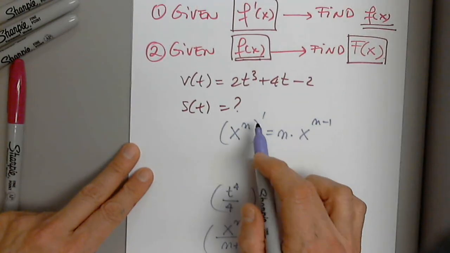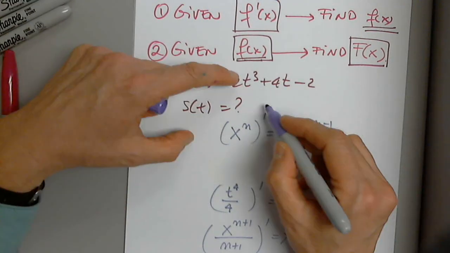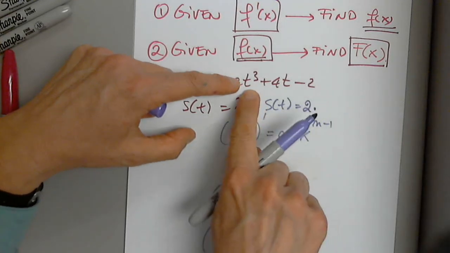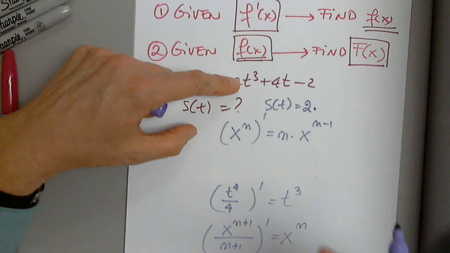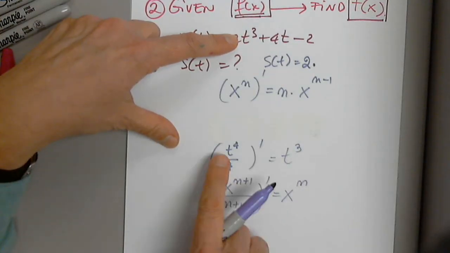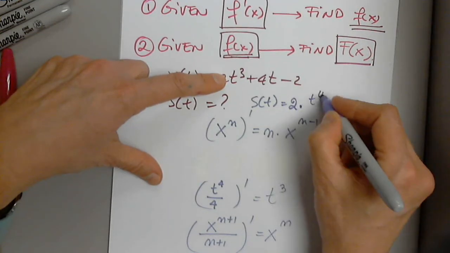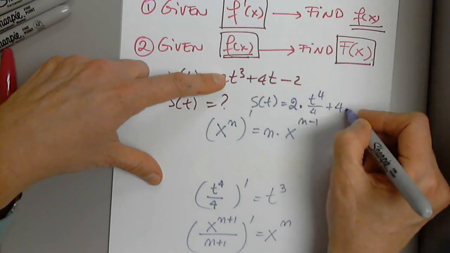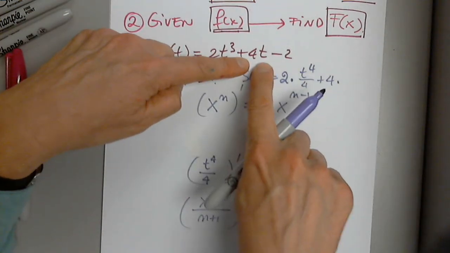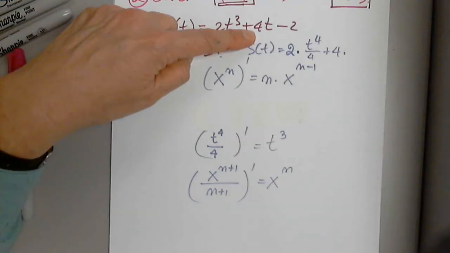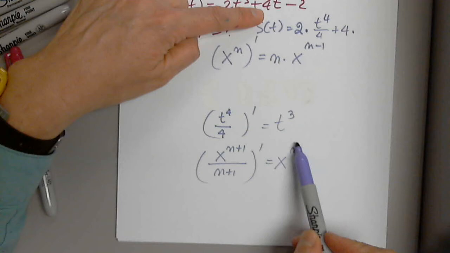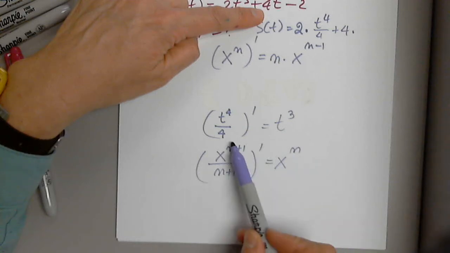So coming back to our example. So s of t, 2 stays outside, right? So what function differentiated will be t to the third? t to the fourth over 4. t to the fourth over 4 plus 4. Use the same property and tell me what to write for which function prime will be t. So if I want this to be power 1, what should this be?